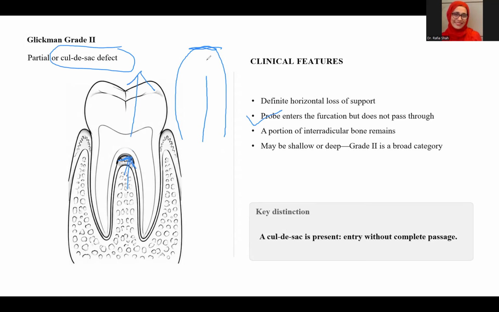Though the probe is entering easily, there is intact bone present at some point that does not allow the probe to go through the full length of the interradicular area. So the probe does not pass through and through, and the lesion is deeper but broader than grade 1. This is called cul-de-sac, grade 2 furcation invasion.